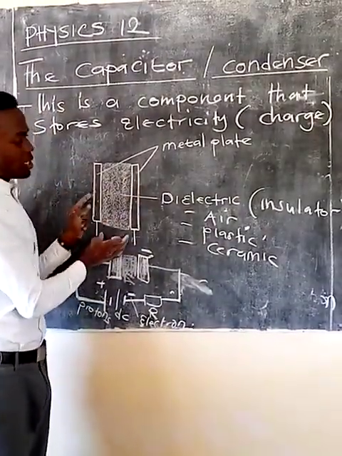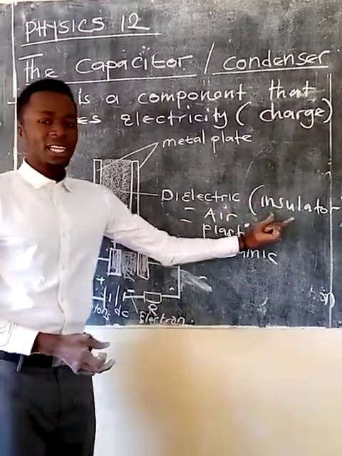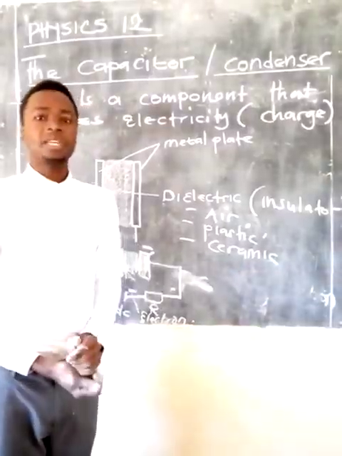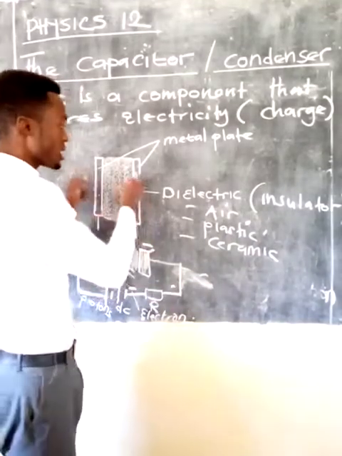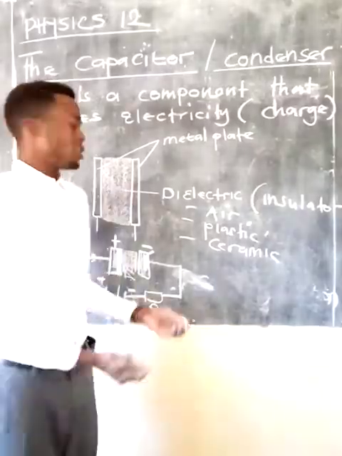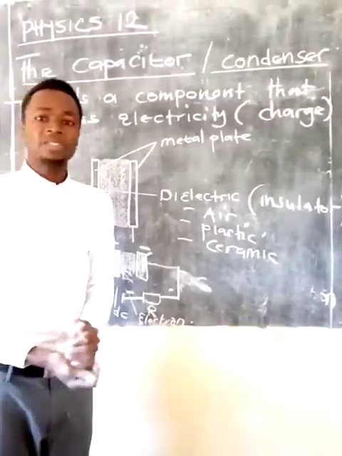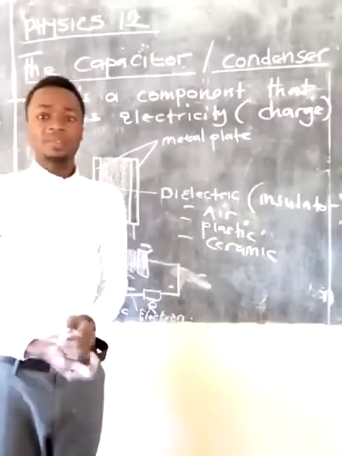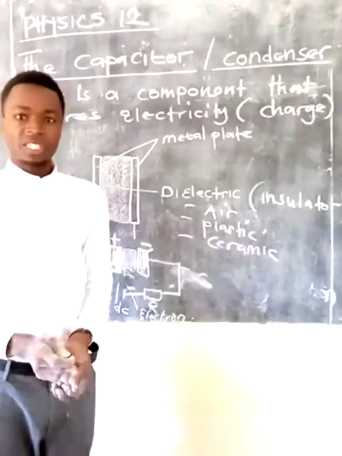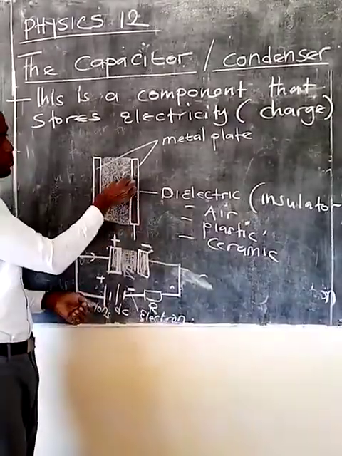Then in between, you put an insulator there, which is very much possible to be made by anyone. You just get two metal plates, and we can use aluminium or any other type of metal that can conduct what? Current or electricity.